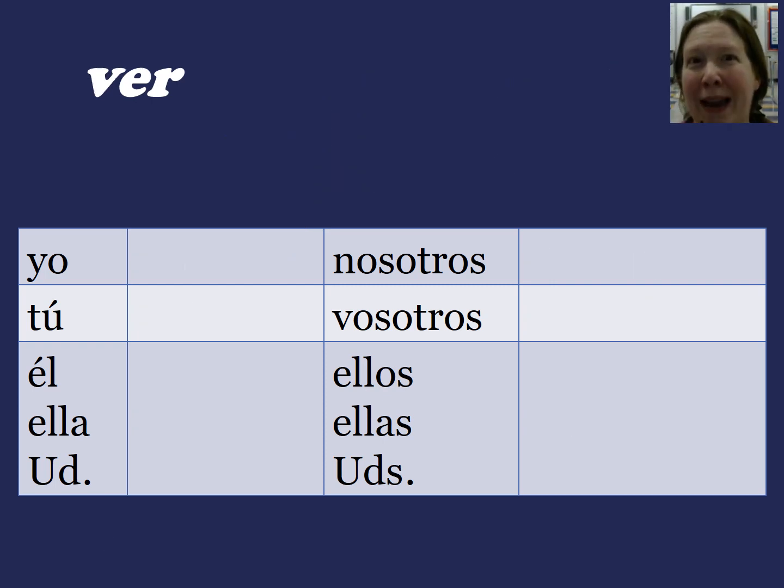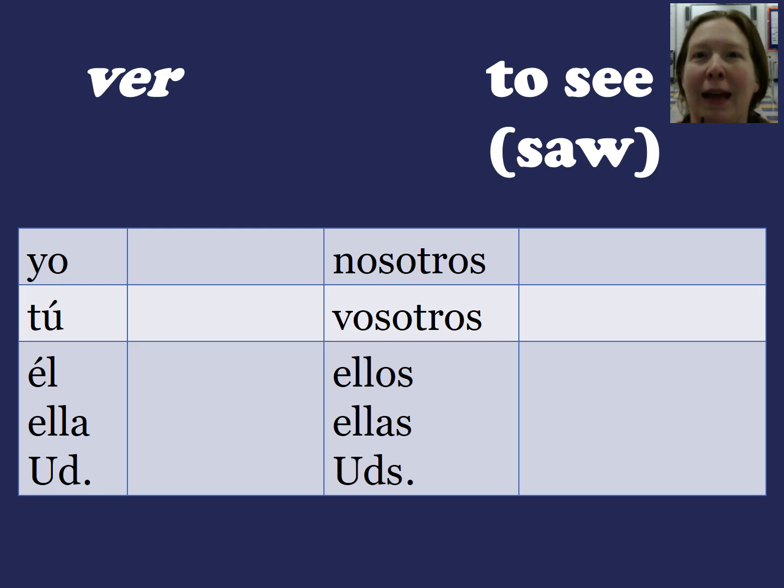The next irregular preterite that we are going to do is the verb ver. Ver means to see, and that would translate as saw in the past. So when you're using ver in the pretérito, you are saying saw. Now, you may notice that all of these verbs, they're irregular in Spanish. They are also irregular in English. So I went, I was, I saw. Those are all irregular in English.